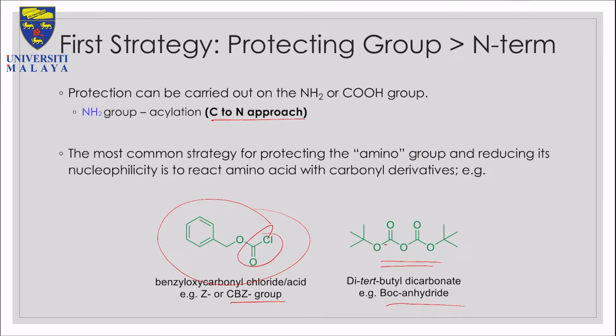You have a delta positive on the carbonyl carbon, while you have a delta negative on the oxygen, for both. So if you have an amine group with a lone pair, you can easily react it there, you deprotonate this, and you can get an amide bond protection very easily.